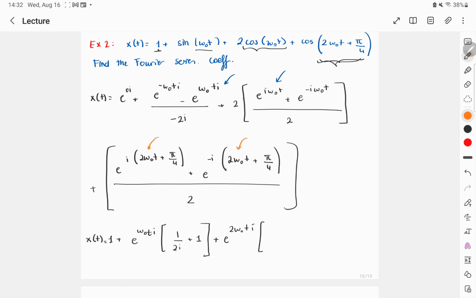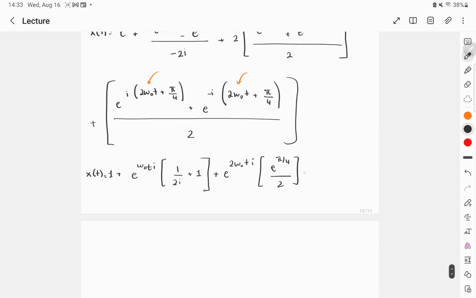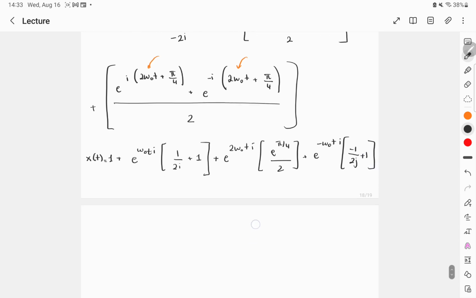and here, so let me write the coefficients of these values. E to the power of pi over 4 over 2. And similarly, let me write e to the minus omega ti, and I am again writing the coefficients with the same method.